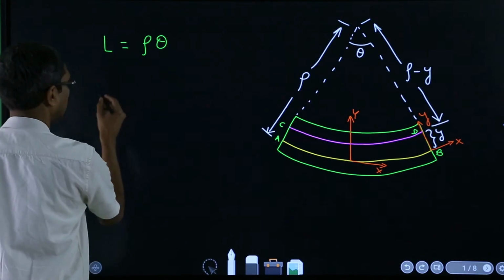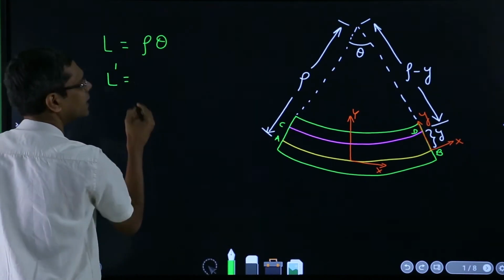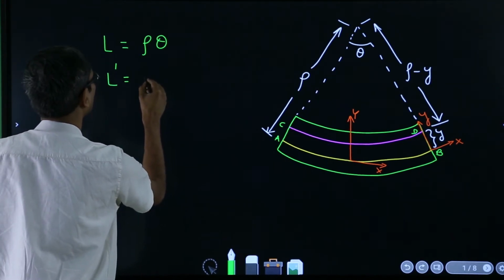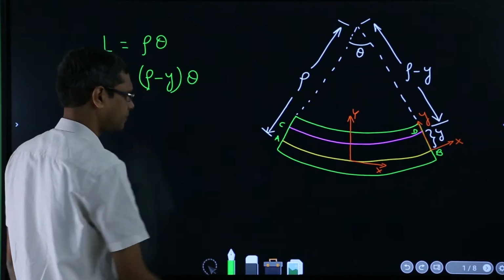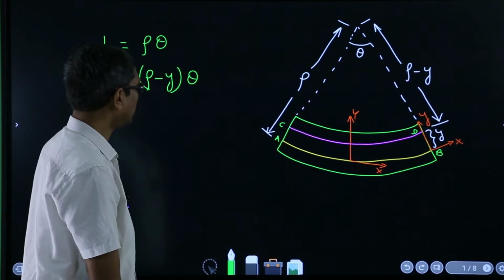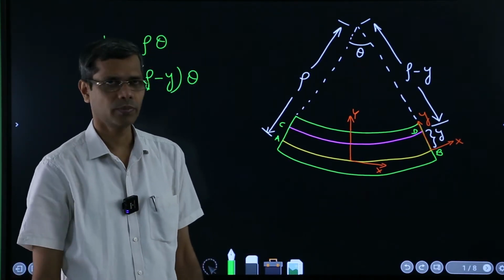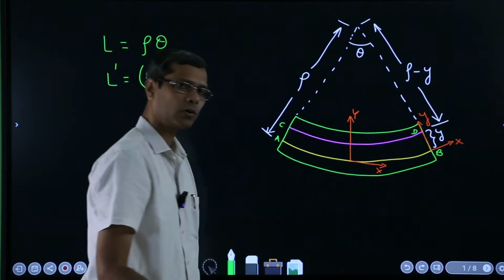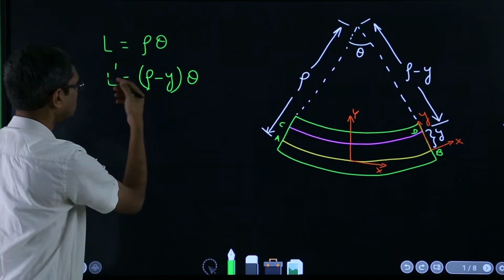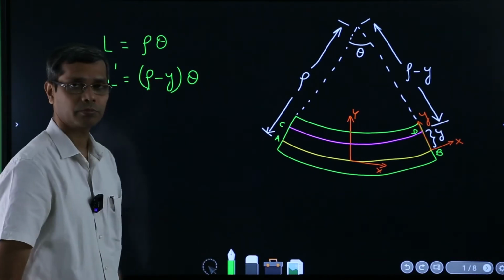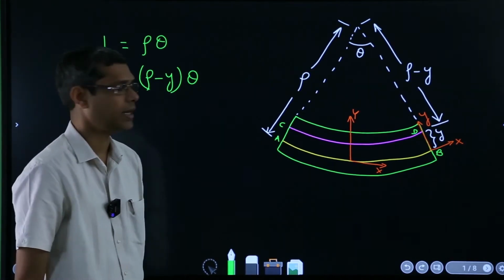Now, if the length of that fiber is now L prime, it is rho minus y times theta. But before we bent the beam, this fiber CD also was of the length of AB, which means L prime was earlier of length L prior to the application of the moment, or prior to the bending.